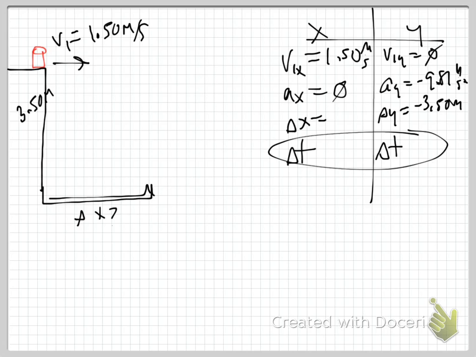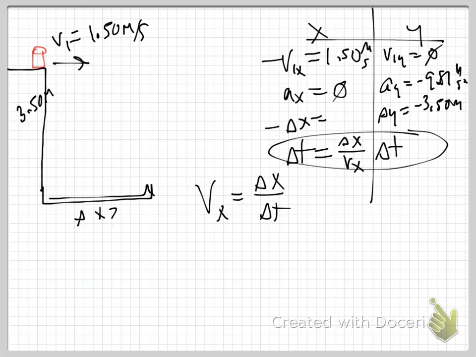Anyway, there are 2 different ways to approach this. The one that I usually do is I say, okay, I've got a vx, I've got a delta x, I want an expression for delta t. I know that vx equals delta x over delta t, so delta t equals delta x over vx.